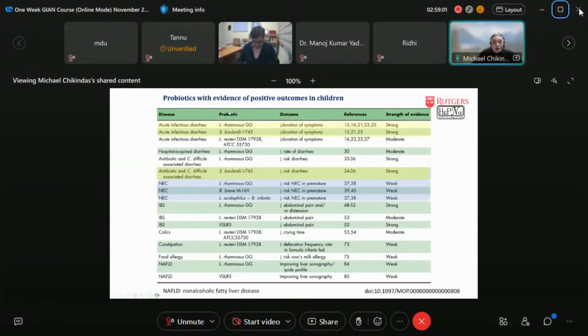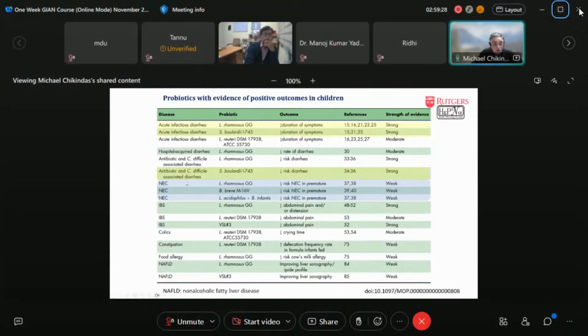Okay, so with LGG and Saccharomyces boulardii, the good outcome is the decline in the duration of symptoms, and the strength of the evidence was considered as being strong. With the antibiotic and C. difficile-associated diarrhea, again, Saccharomyces boulardii performed really well in reducing the risk of diarrhea with a strong effect.